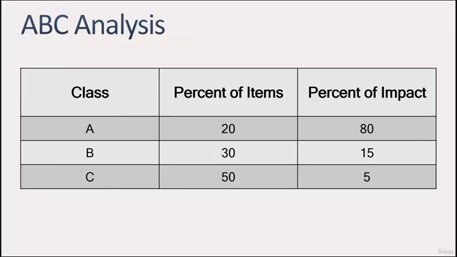The next 30% of the items will account for 15% of the impact, and the remaining 50% of the items will account for the final 5% of the impact. It should be noted that these figures are approximations and not written in stone. If this sounds confusing, let's go through an example and see how ABC analysis works. I'll see you in the next lesson.